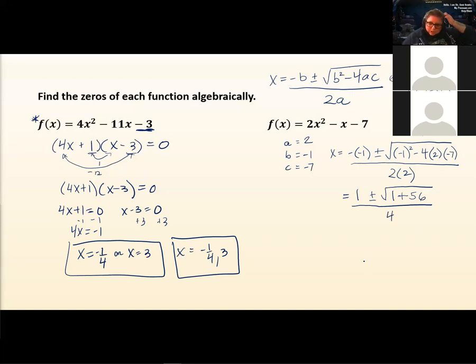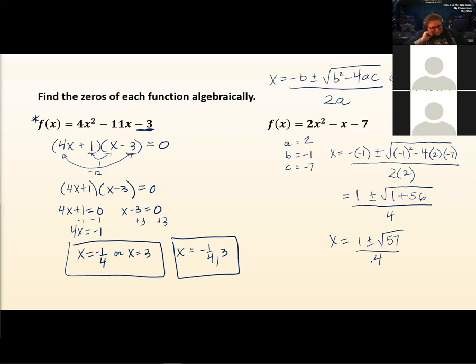Okay. Not much to this one, right? So cleaning up, 1 plus or minus square root of what? What's 1 plus 56? 57, right? All over 4.